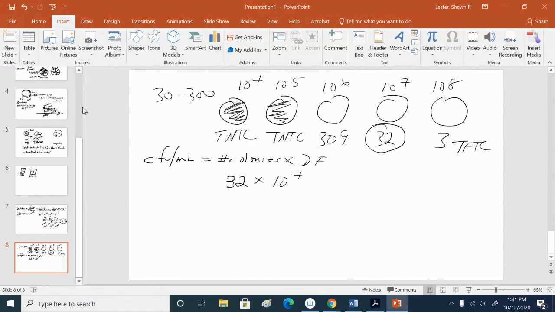But we're not done, right? We have to put this number in proper scientific notation, which, as you said, 3.2 times 10 to the 8, right? If you make this number smaller by 1, move the decimal over, then we got to make the exponent bigger by 1. So you really don't need a calculator to do this, right?